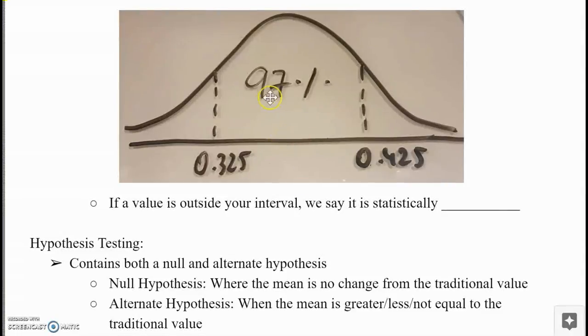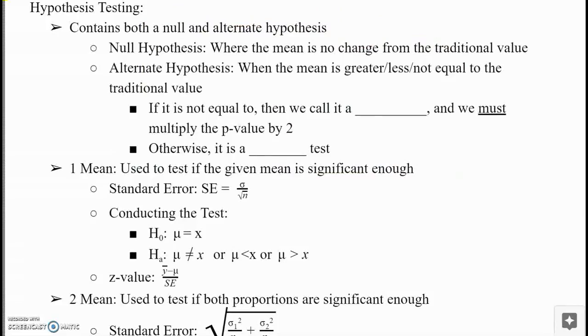You draw your curve, you draw dotted lines to indicate your interval, and maybe if you wanted to, you could even shade in this middle portion to show that, yes, that is my interval. If the value is outside your interval, we say it is statistically significant. So if you were in this interval and we had 0, since 0 is outside our interval, we would say 0 is statistically significant.